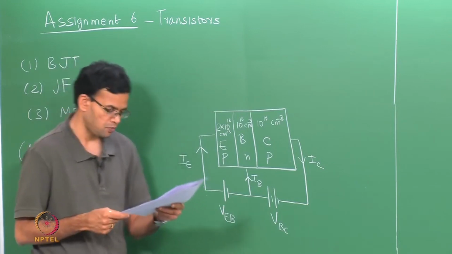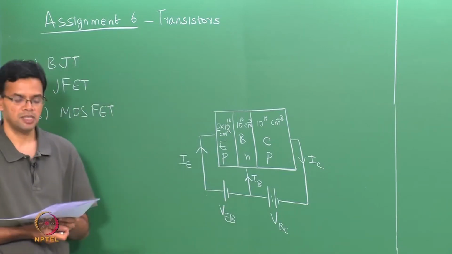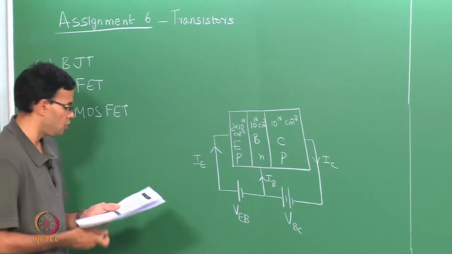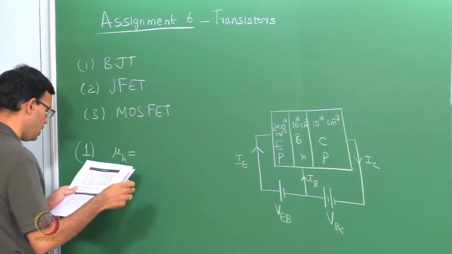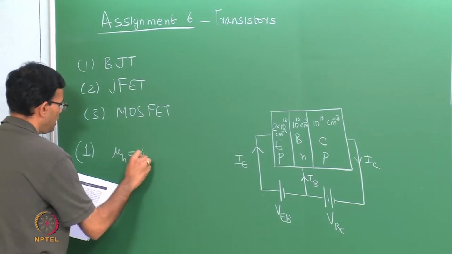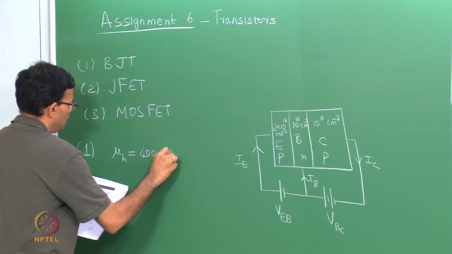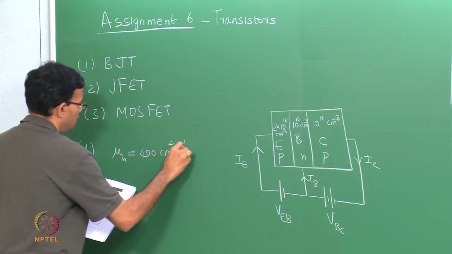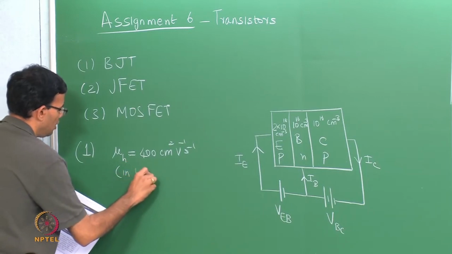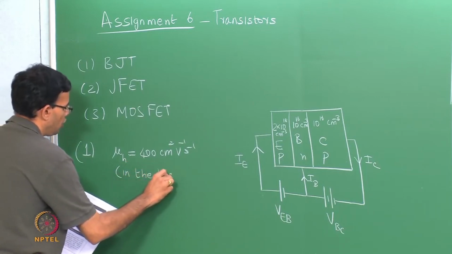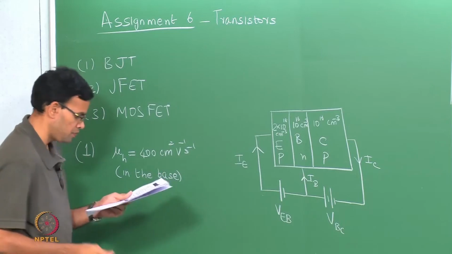Some of the numbers given here say that the hole drift mobility, mu_h, in the base is 400 centimeter square per volt per second. This is the mobility of the minority carriers in the base.